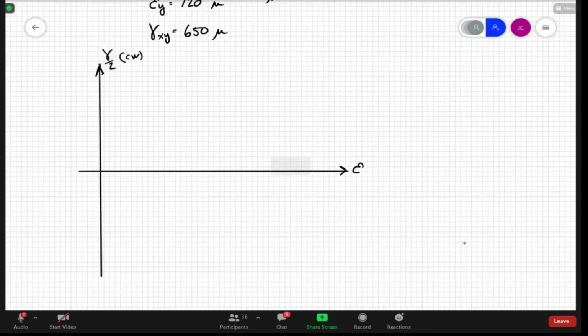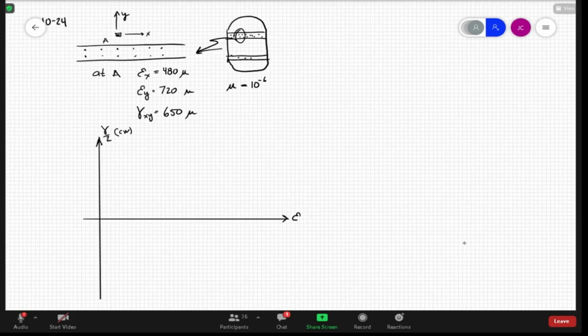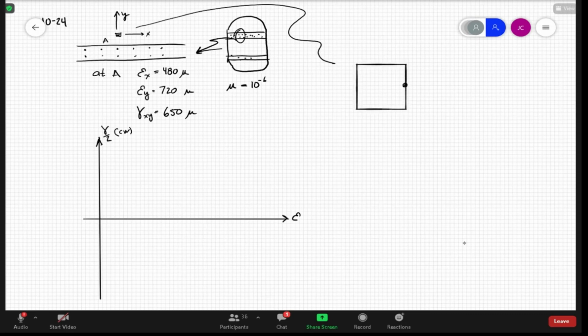If we were to blow up A a little bit, let's first look at this right surface here. What's the normal strain? The normal strain is epsilon x, so that is 480 microstrains.